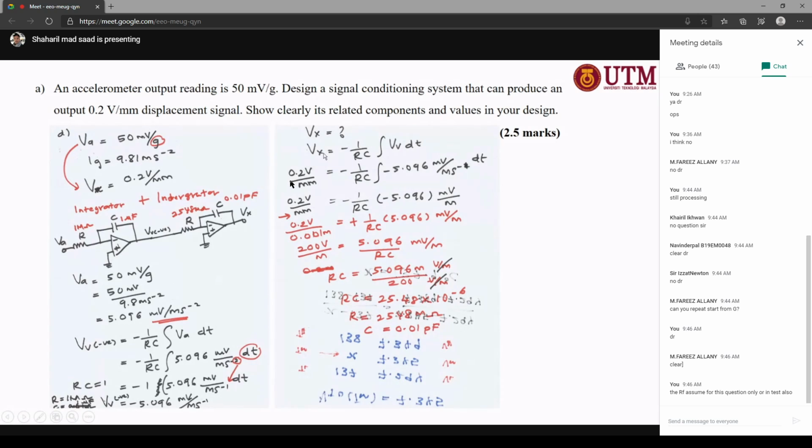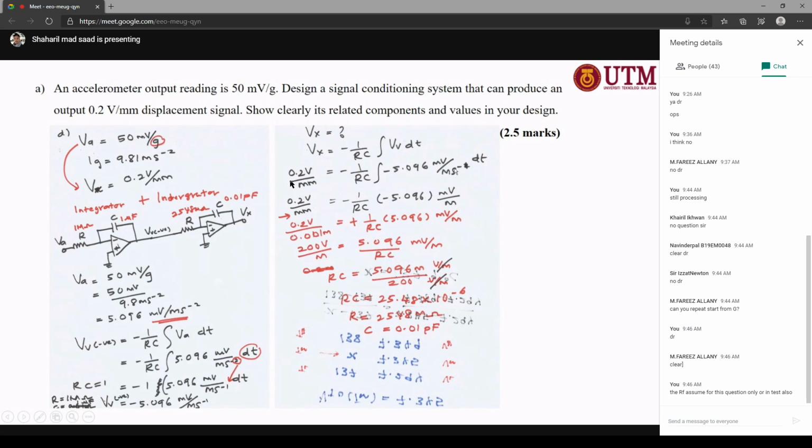Okay, and then you can find the Vx, right? So that means you need another integrator. However, you need to convert millimeter into the meter value, right? And then you get 100 volt per meter here, and then this 5.096.